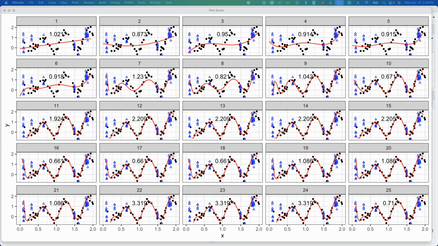And now I can do what's called an out of sample mean squared error, which means that instead of comparing the red line against the black dots, which I trained the model on, I can now compare the red line against the blue dots, which is the same functional form of the original data, but it's a different data set. Okay?